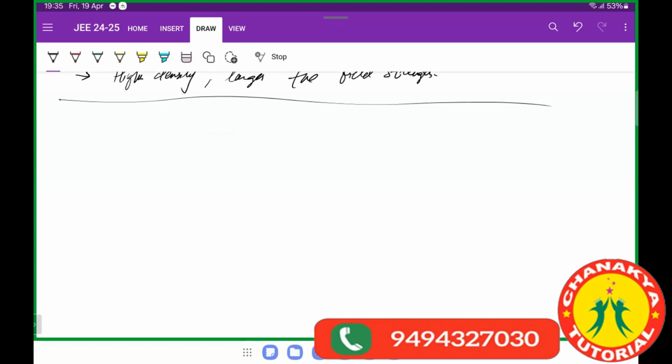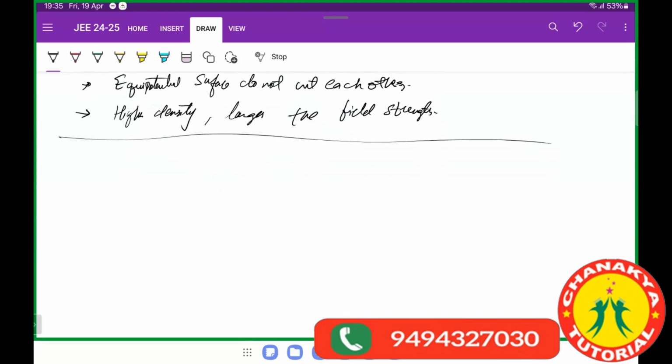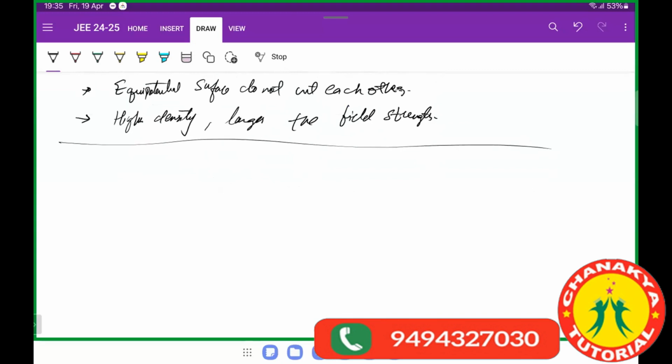Okay. So let's go for the next topic. Not a new topic, but the same topic, some parts of it. Okay. Yeah, some formulas first we'll write, then we'll go for it. Potential due to various charge distributions.